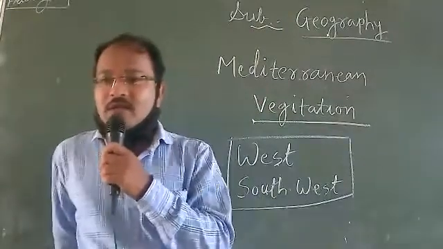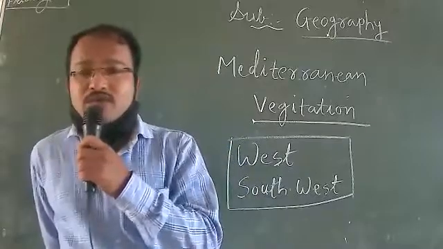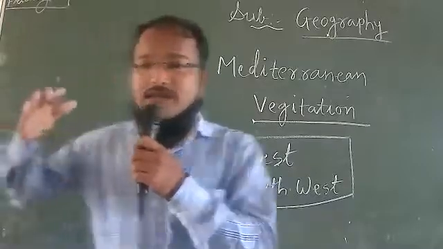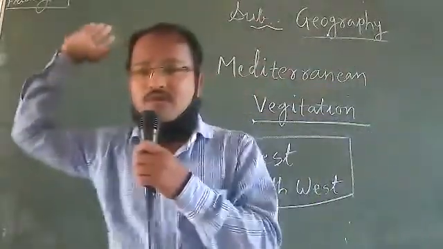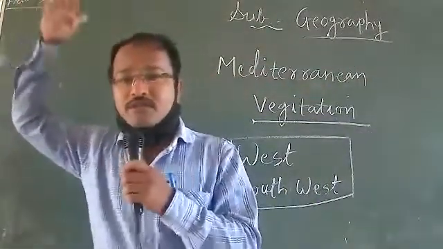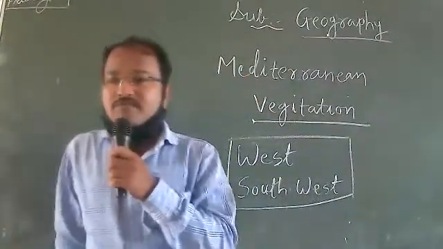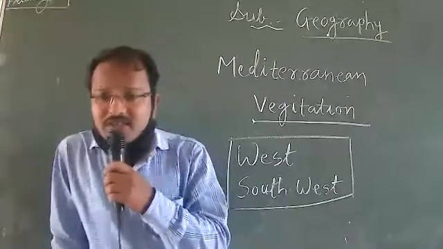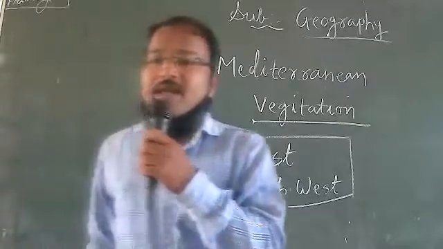Taiga forest. These forests are also seen in the higher altitudes. Above 50 to 70, this forest is found in higher altitudes also. These are the trees which Salima found in the Himalayas in abundance.